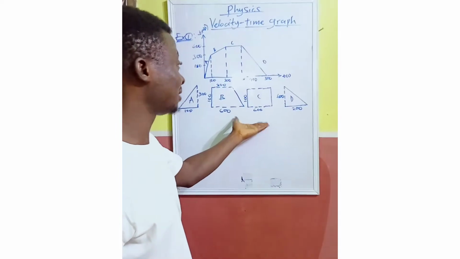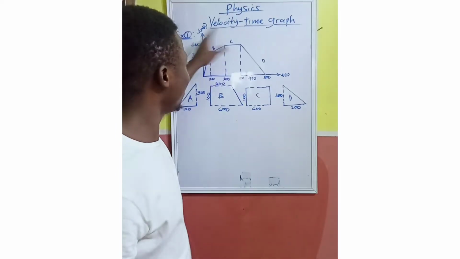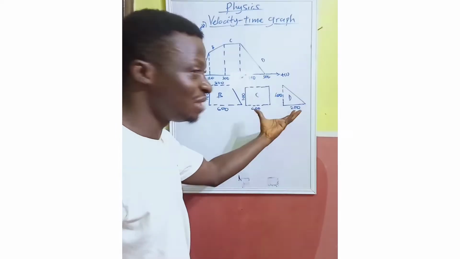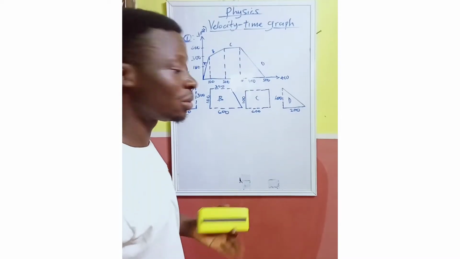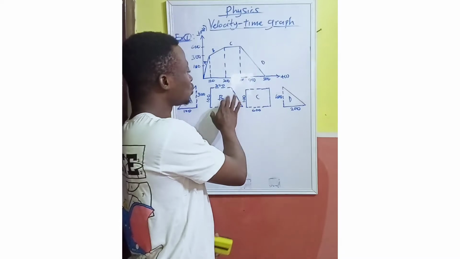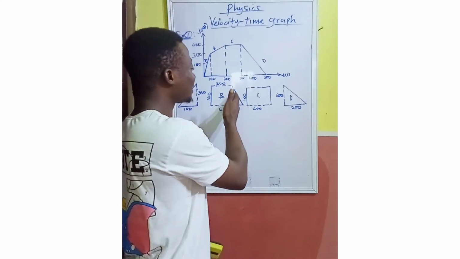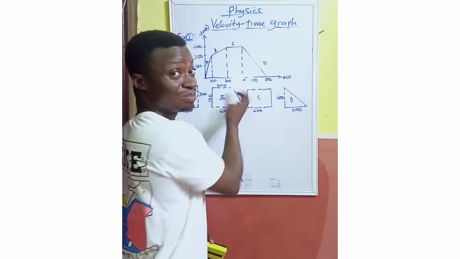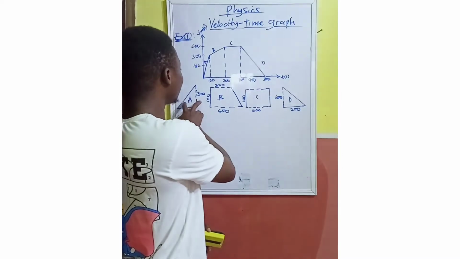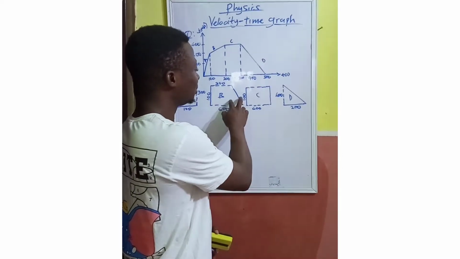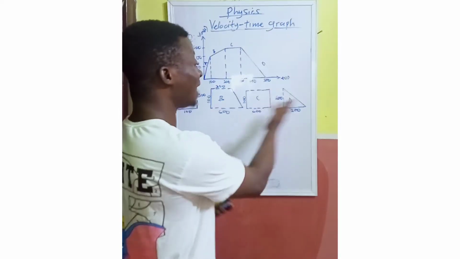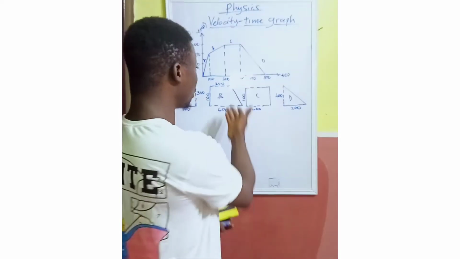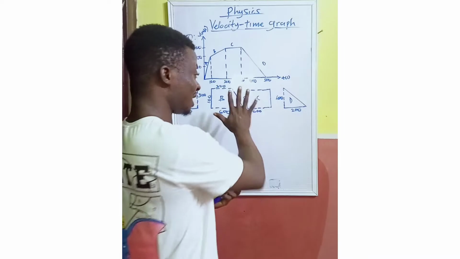You can see it here. In this graph, we have 4 different images extracted, though we can extract more than that. I can decide to split this one into 2: a rectangle, then another triangle, meaning we can have triangle, rectangle, triangle, rectangle, then triangle. In that regard, we can have 5 images, but let's have 4.